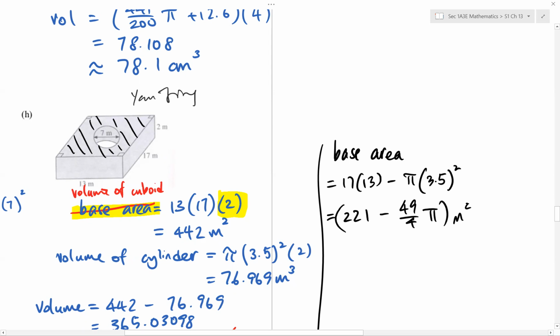So this is the base area in black color. Once you get a base area, just multiply by 2 lah.